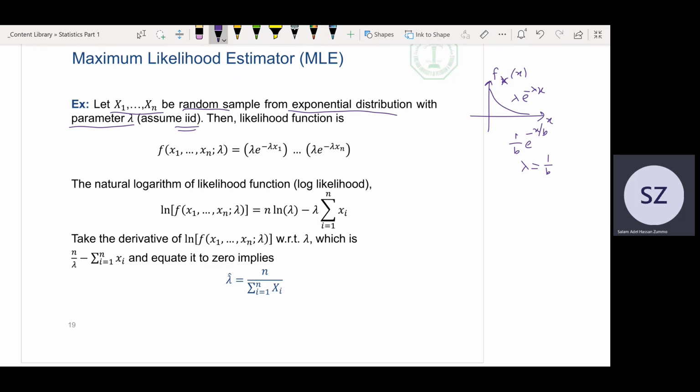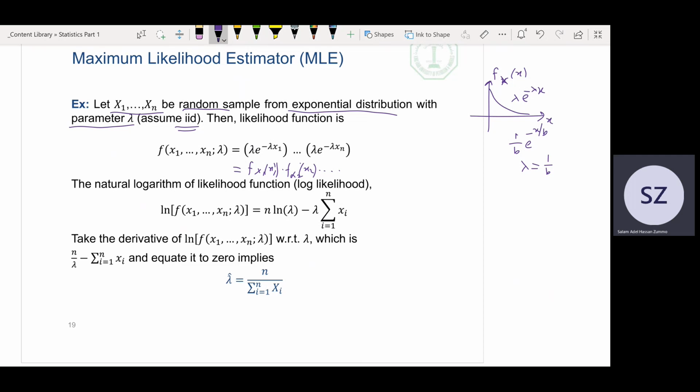The product, right, of the PDF of x1 multiplied by the PDF of x2 and so on. So basically, this is equal to f of x1 multiplied by f of x2, and so on, right?